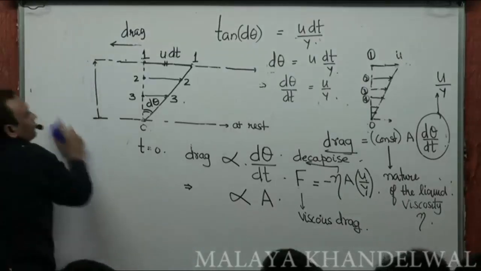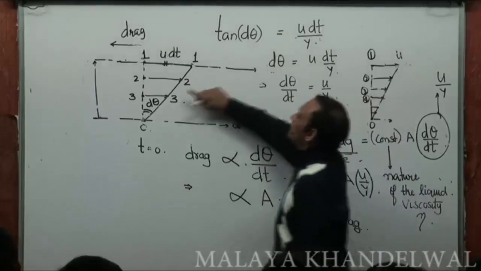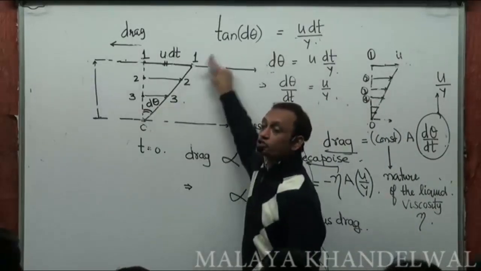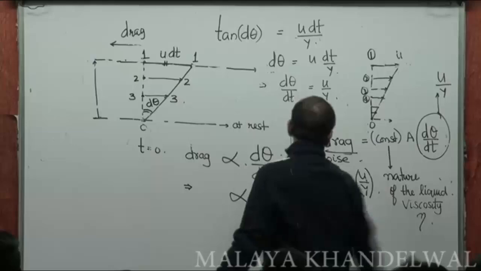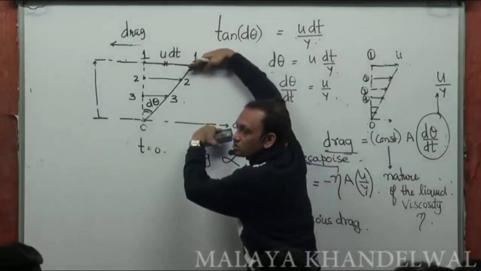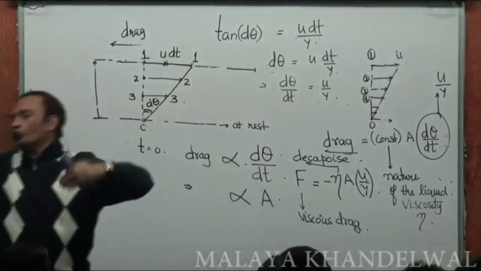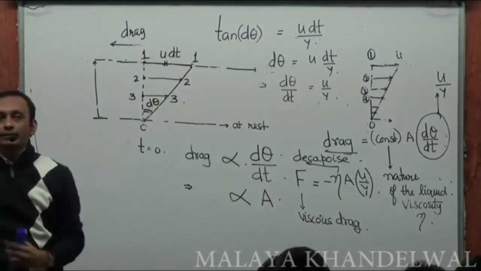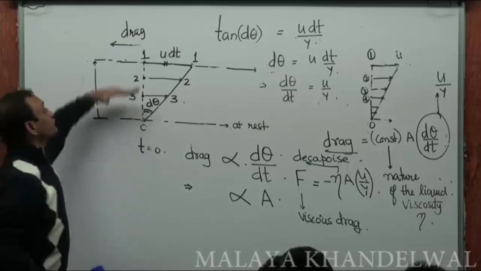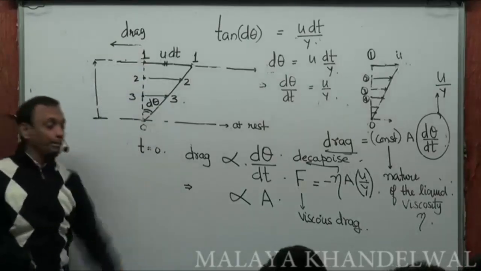Now, it may not necessarily be a linear variation of velocity all the time, right? The velocity gradient u by y that we have taken across this is actually an average velocity gradient over a length y, and may be different for different layers. The velocity gradient may be different depending on y.